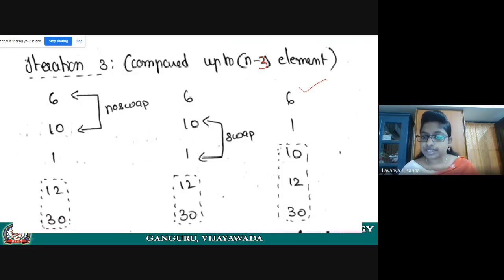Now, in the fourth iteration, don't consider 10, 12, 30, because the first, second and third largest elements came down. When you are moving from the third to the fourth iteration, don't consider the n minus 3 element in the next iteration.